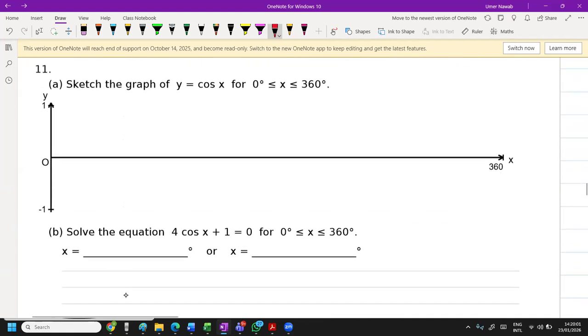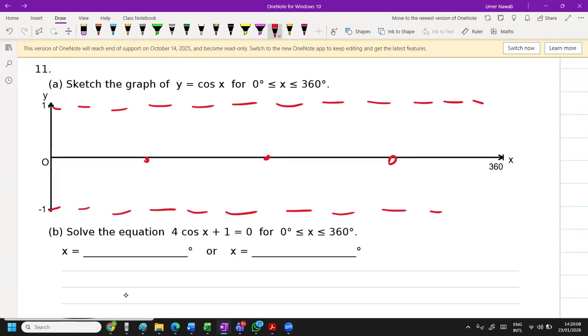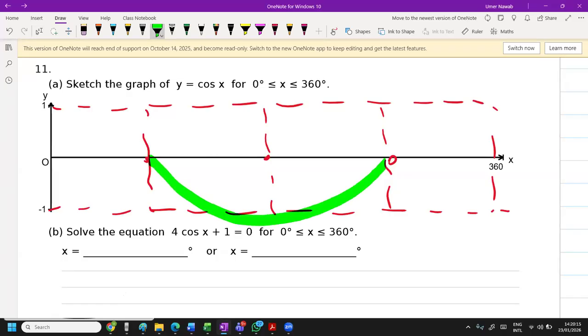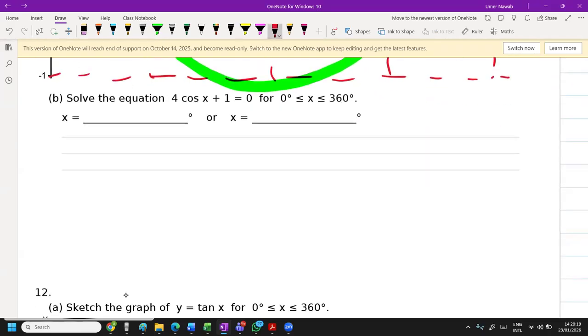Cosine of x. y is equal to 1, y is equal to minus 1, completing the grid. That's a cosine graph. It is like this. And 4 cosine of x is equal to negative 1.